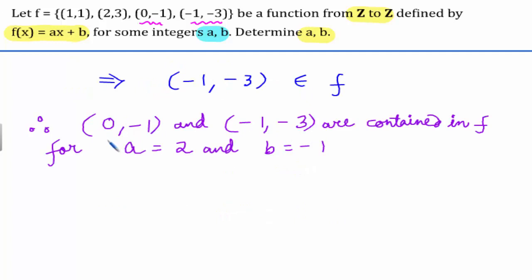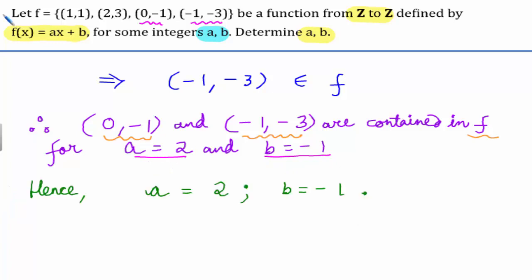Therefore, the ordered pairs 0, minus 1 and minus 1, minus 3 are contained in f for a is equal to 2 and b is equal to minus 1. Hence, the value of a is 2 and the value of b is minus 1. So, with this we complete the solution of this question.